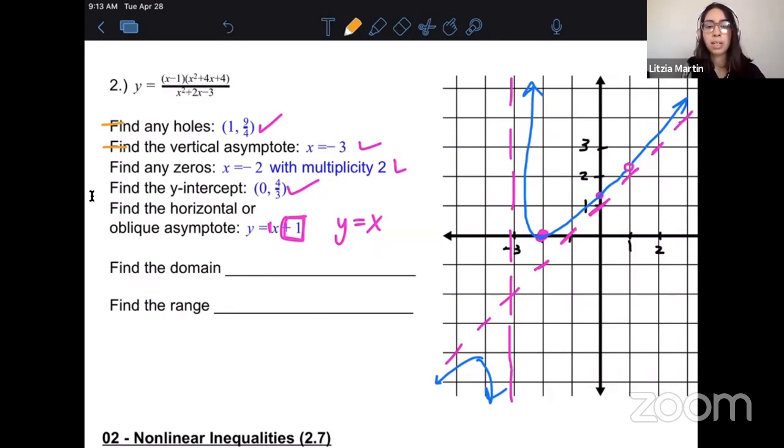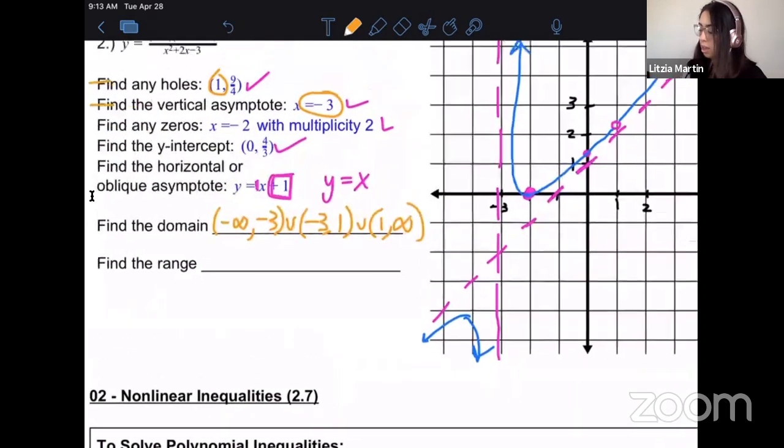So in this case, my domain will have to be from negative infinity to negative 3, since that is the smaller value between the hole and the vertical asymptote, and then negative 3 to positive 1, and then positive 1 to infinity.